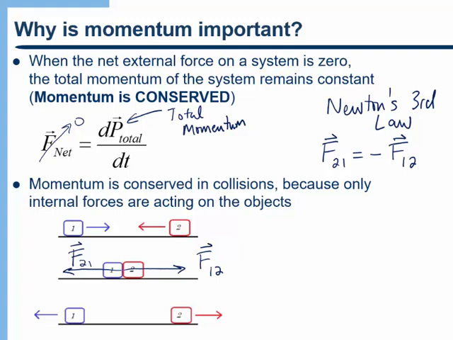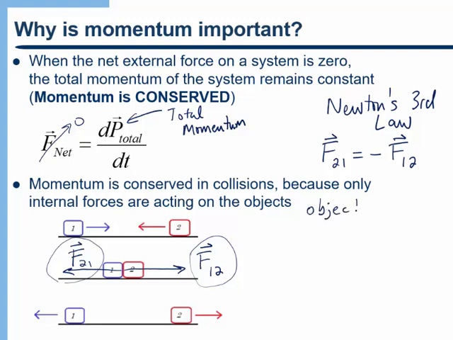Well, now let's look at what Newton's second law tells us about what happens to each of these objects during the collision. If the only force acting on object 2 is this force, and the only force acting on object 1 is this force, well then we can make some conclusions.